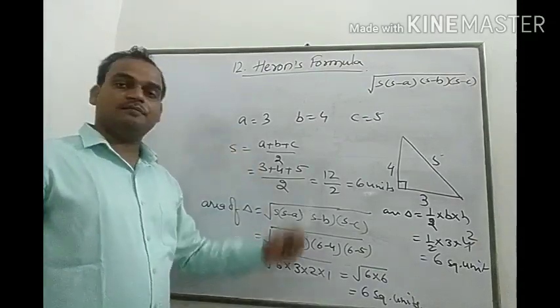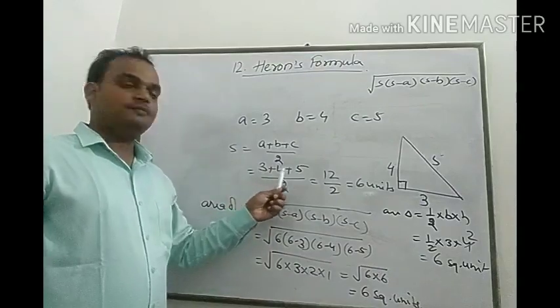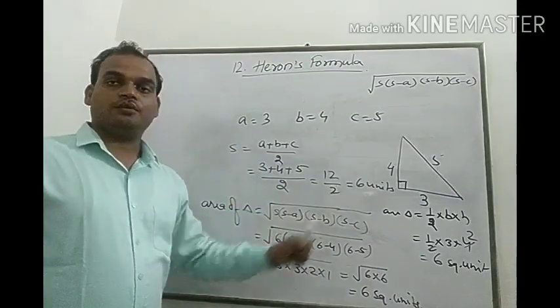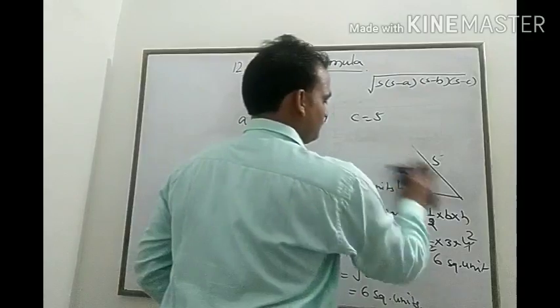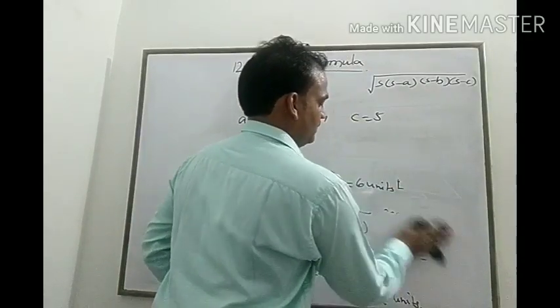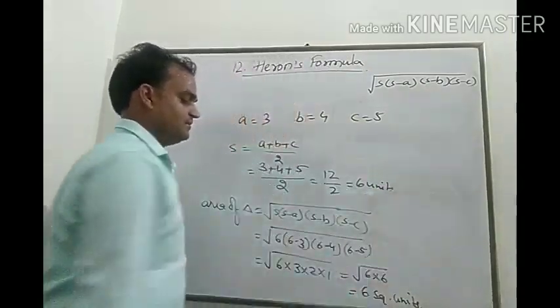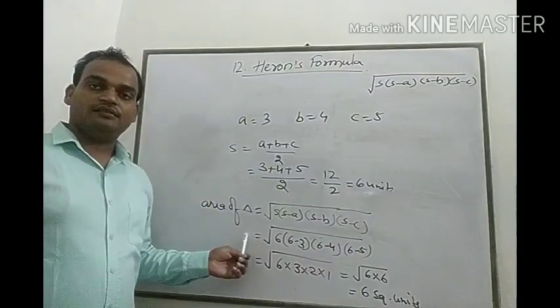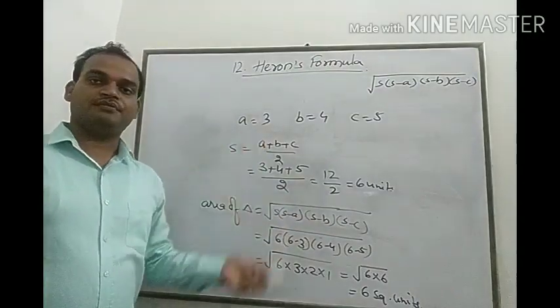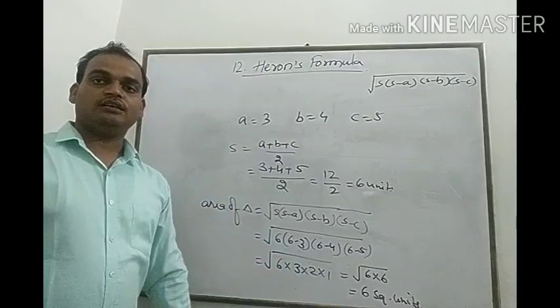S equals A plus B plus C upon 2, that is 3 plus 4 plus 5 upon 2, that is 12 upon 2, that is 6 units. So we got S equals 6 units. Now for the area of the triangle, we put the values and we get 6 square units.